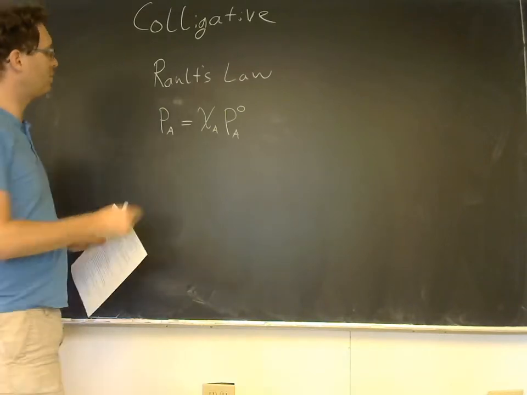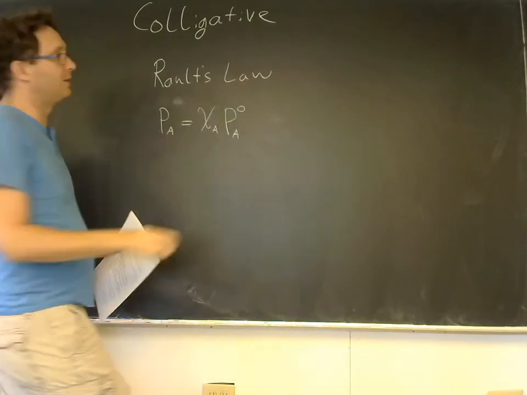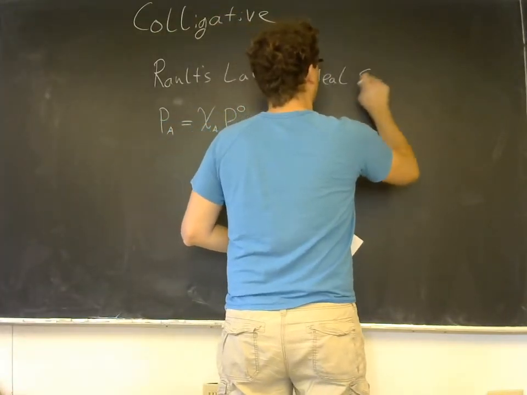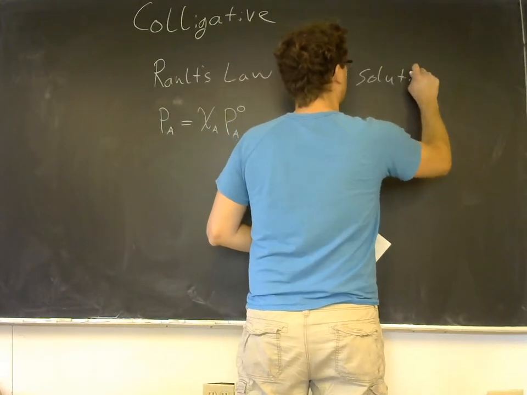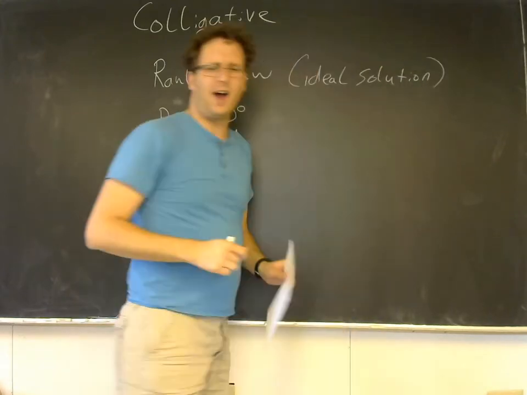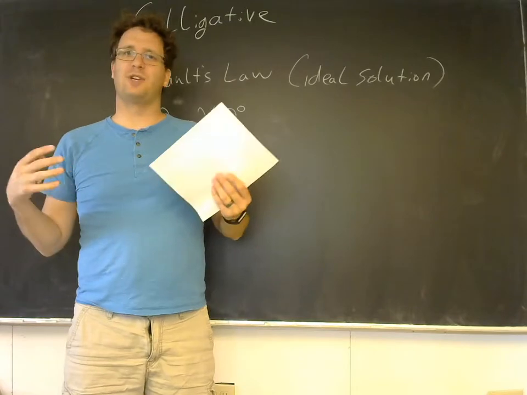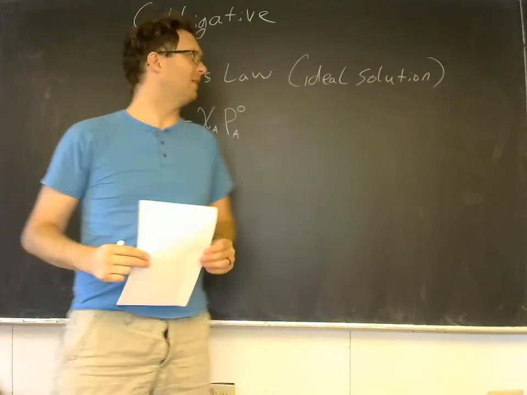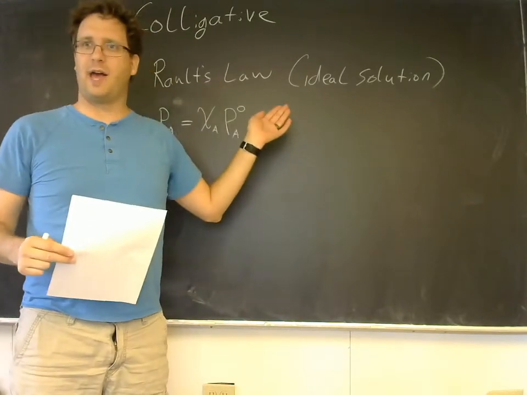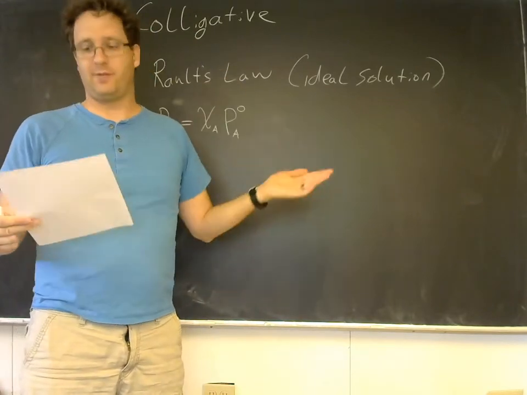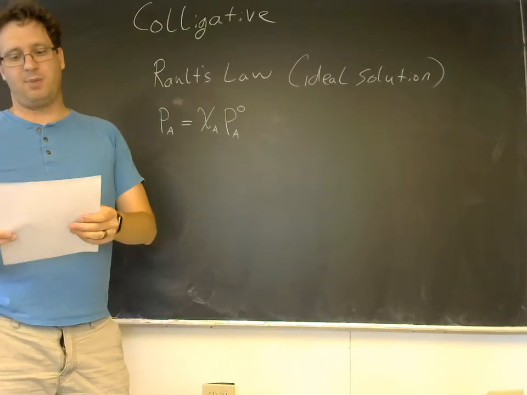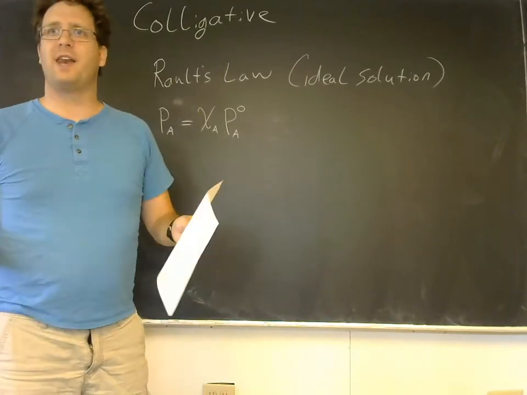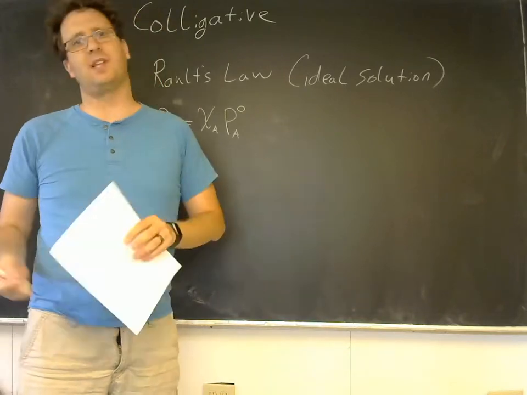So a solution which follows Raoult's law is called an ideal solution. Just like our ideal gas law doesn't actually capture the true behavior of real gases perfectly, Raoult's law doesn't capture the vapor pressure behavior perfectly, but it works well enough, and it works better for some substances than other substances.